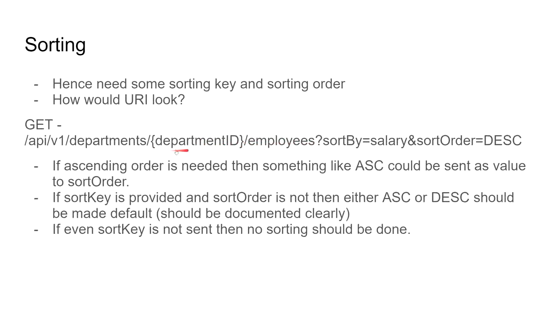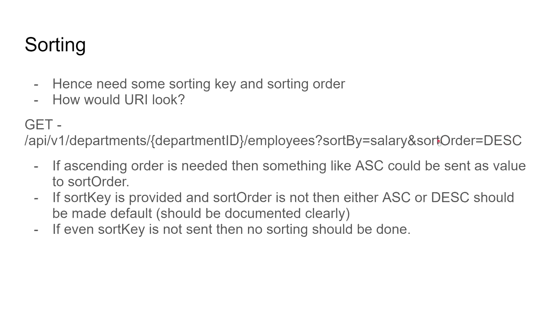Again, to remind you, this is a path parameter, and then we are giving some other query parameters which are specially reserved for sorting. So we are saying that we want to sort by salary, and then the sort order is descending. If you want it in ascending order, then we would provide ASC, right?